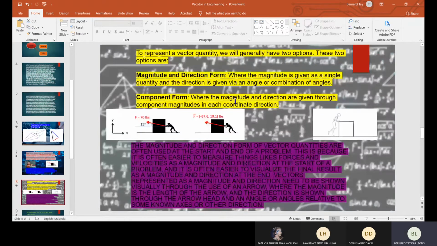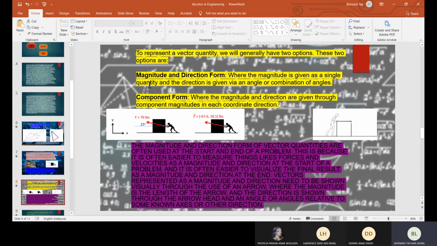To represent a vector quantity, we will generally have two options: magnitude and direction form, and component form. In magnitude and direction form, the magnitude is given as a single quantity and the direction is given via an angle or combinations of angles. In component form, the magnitude and direction are given through component magnitudes in each coordinate direction.